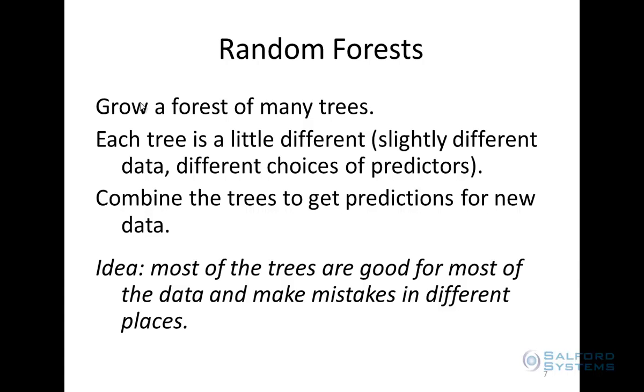Here, if these trees are always making mistakes in the same part of the data, then altogether they can't combine and do well. But if you can make them make their mistakes in different places, then on average they can do very, very well, because when you combine them, most of them know the right answer in most of the place. And that's a very heuristic idea of why random forests work.